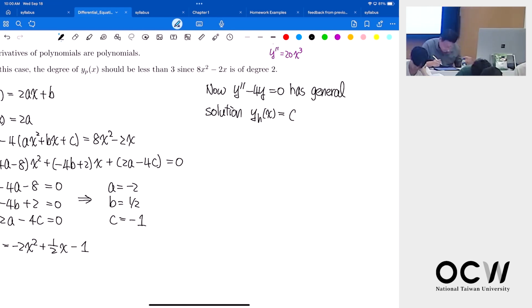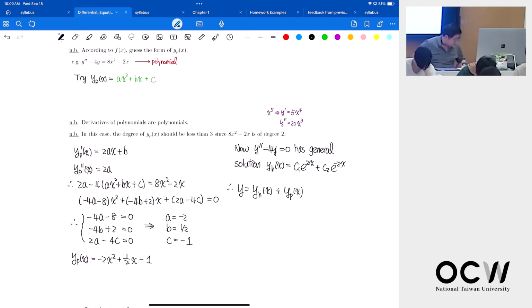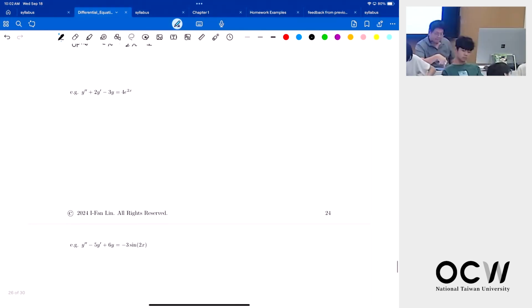So C1 e to the 2x, and the other one is C2 times e to the minus 2x. So finally your general solution y is the homogeneous solution plus the particular solution. Any questions?